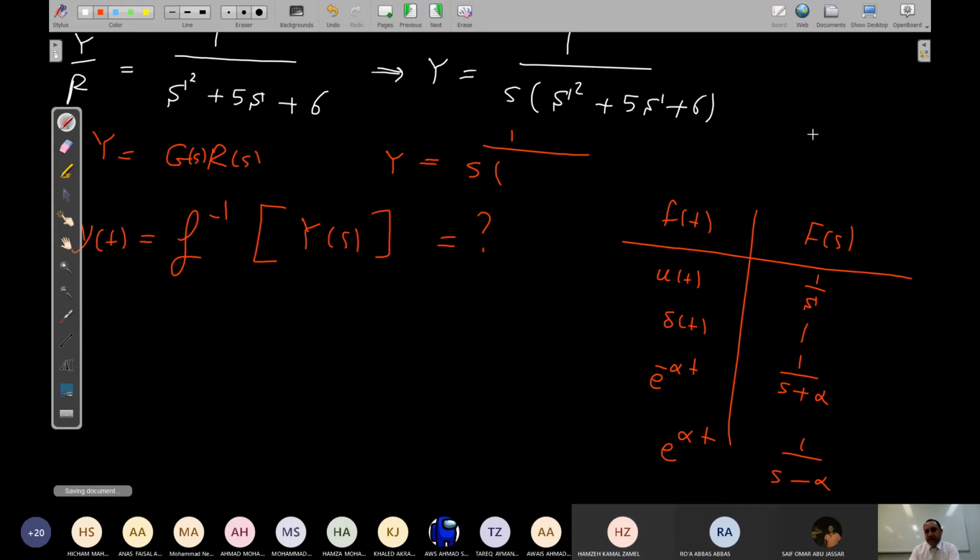The root is minus b plus or minus the square root of b squared minus 4ac over 2a. So simply, if I do the math, this will be s plus 3 multiplied by s plus 2, correct? So simply, it's s squared plus 5s plus 6.